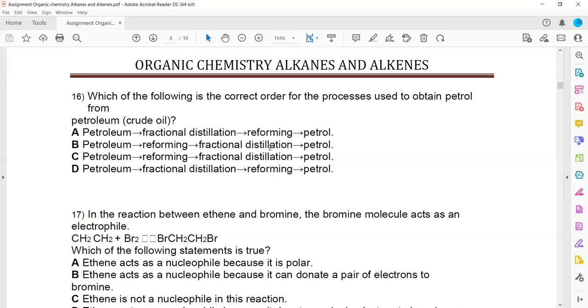After fractional distillation, we reform, converting into branched hydrocarbons, as branched hydrocarbons burn more easily and are more volatile. Then after reforming we obtain the petrol. So D is the right answer for this.